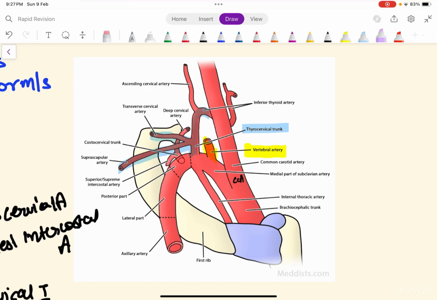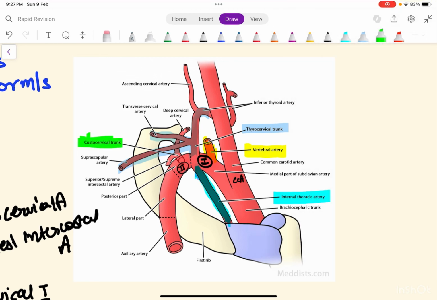Then let's talk about VIT. We have to find the internal thoracic artery. So this is the internal thoracic artery. If you see, this is our first part. Coming on to the second part, I told you it is the costocervical trunk.